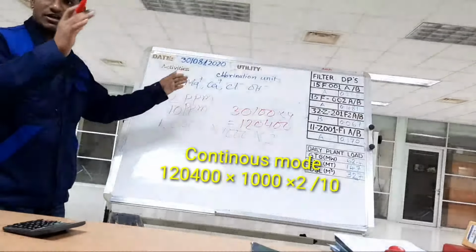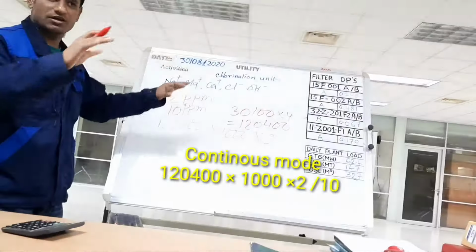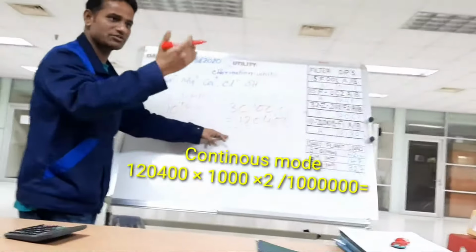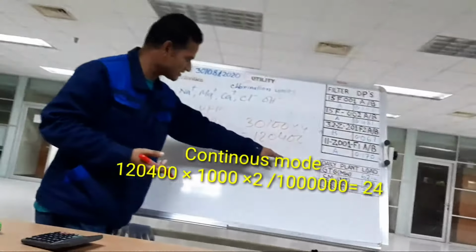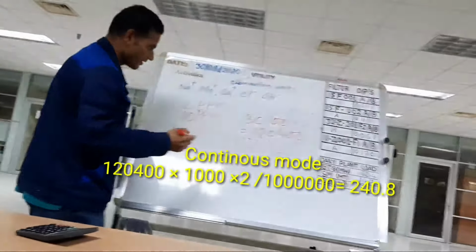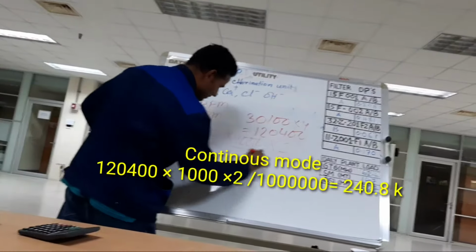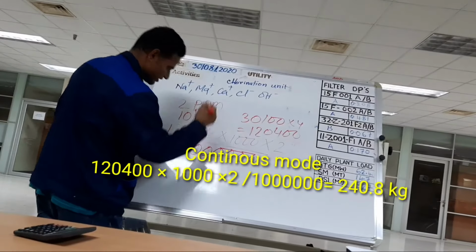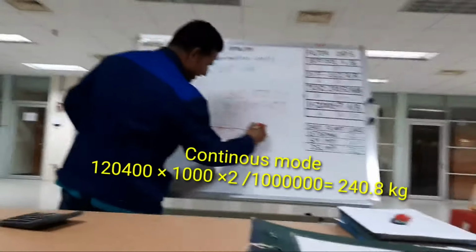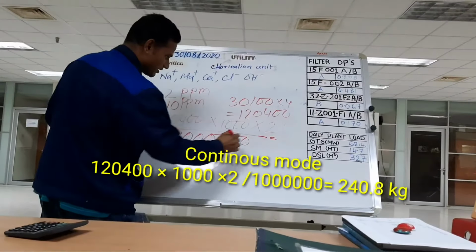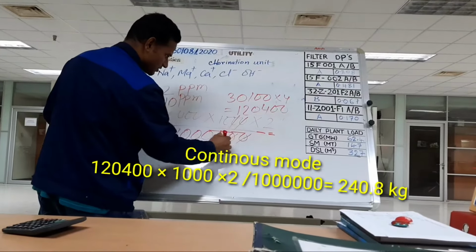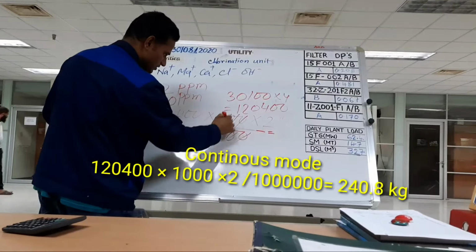1,20,400 is our 4 pump total capacity, and this 1,000 is to convert meter cube to kg. And this is the chlorine rate in ppm. 1 ppm is equal to 10 lakh, so if you divide by that, the zeros cancel.